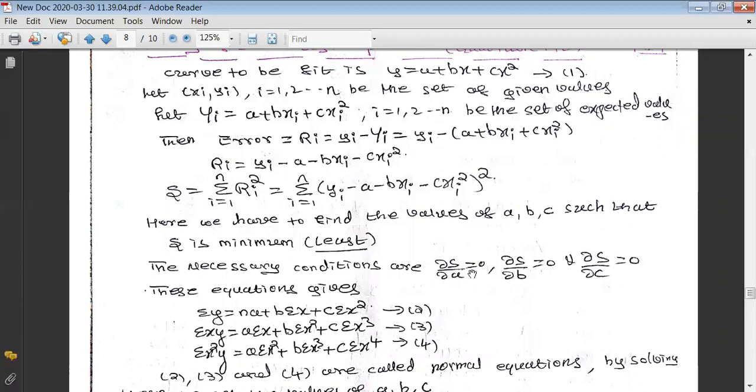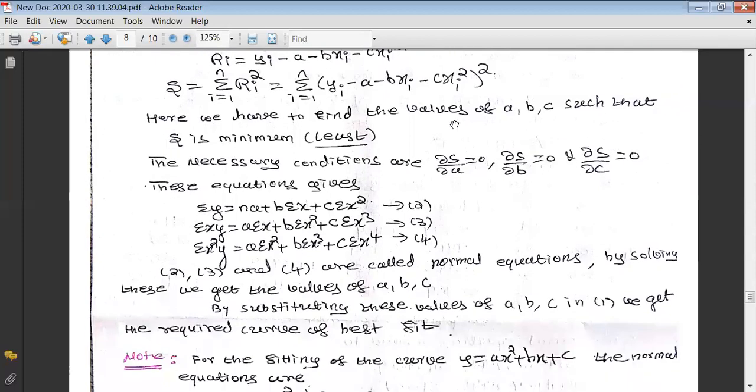From differential calculus, the necessary condition to find the values of a, b, c is that the partial derivatives of S with respect to a, b, c must be equal to 0. That is, dou S by dou a equals 0, dou S by dou b equals 0, dou S by dou c equals 0. Once you find these derivatives, equate them to zero and simplify, we are going to get these three equations, which are known as normal equations.